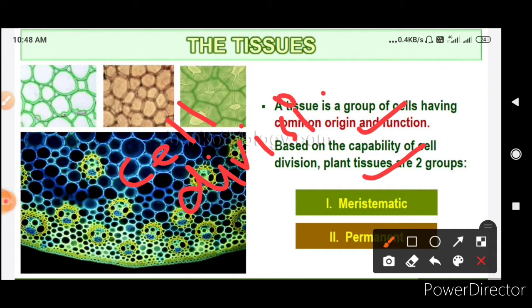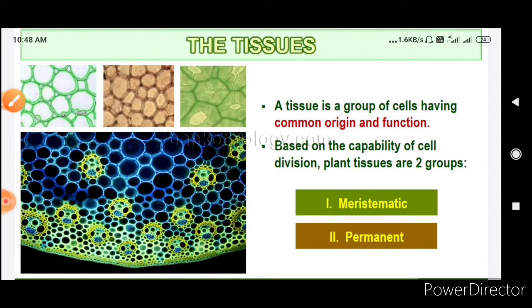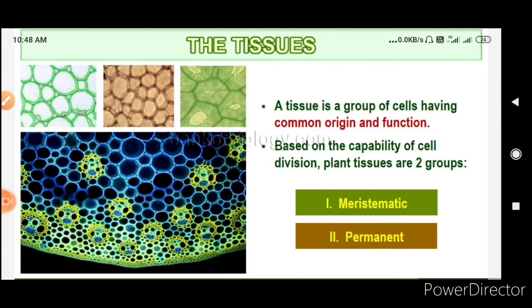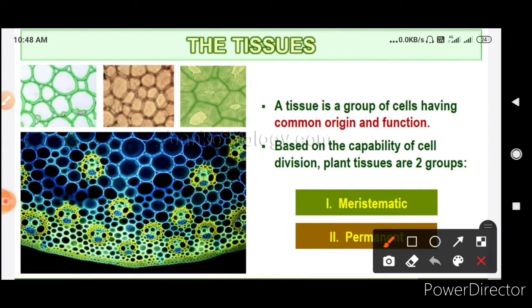The first one is the meristematic tissue, which will be very active. That means the cell division will be ongoing in these tissues, and the second one is the permanent tissue, which will not be that active and would perform specific functions.